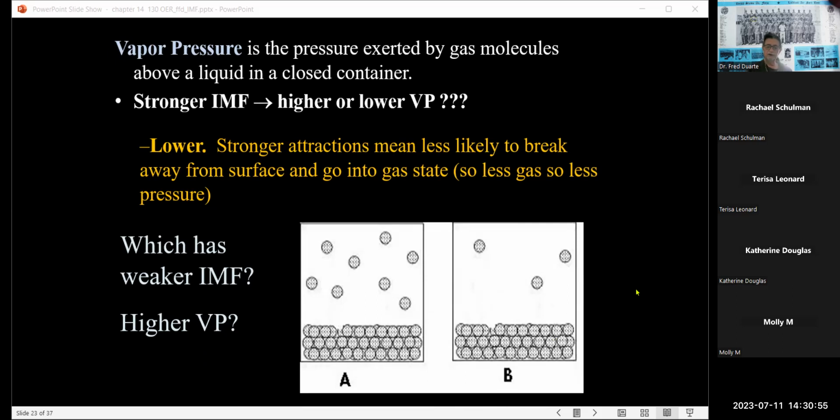And you can see here in this diagram, the question is, which has a weaker IMF? And that would be A, and let's assume these are closed containers.